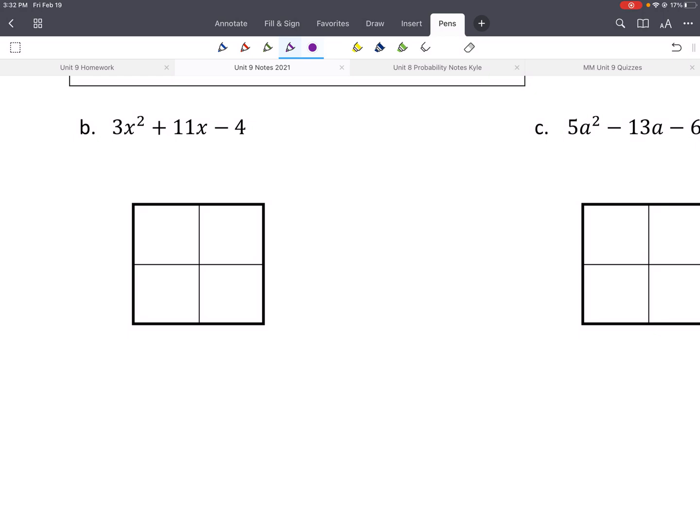All right, so again, first step, greatest common factor. There isn't one, so we go straight into doing glasses. Multiply those together, that gives us a negative 12x squared, and we need to find two things that multiply to give us negative 12 and add to give us 11x. So again, that's our middle term.